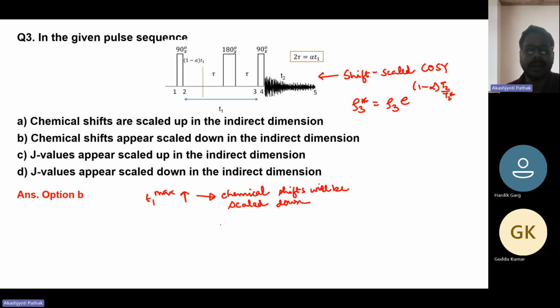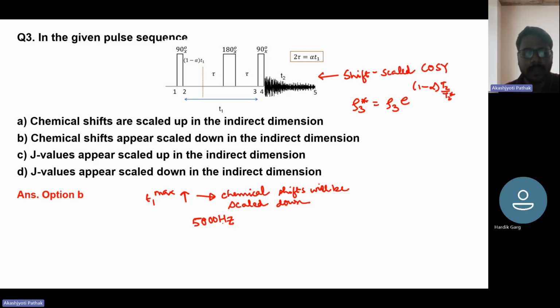For example, if the chemical shift range is 5,000 hertz and it is scaled down by a factor of half, it will become 2,500 hertz.